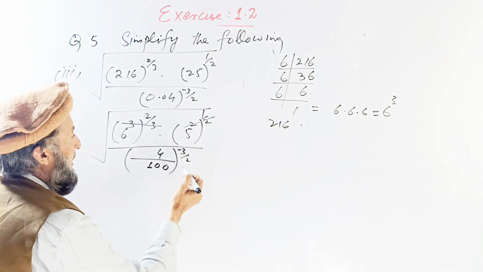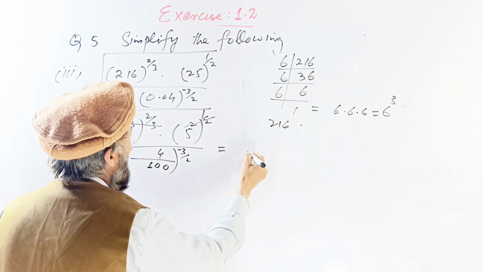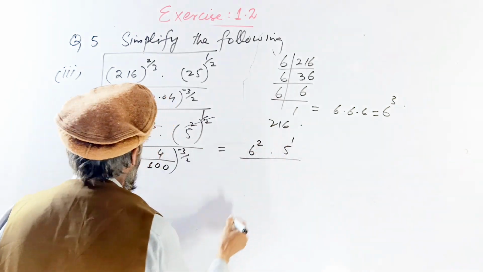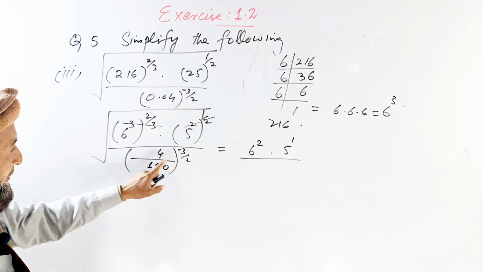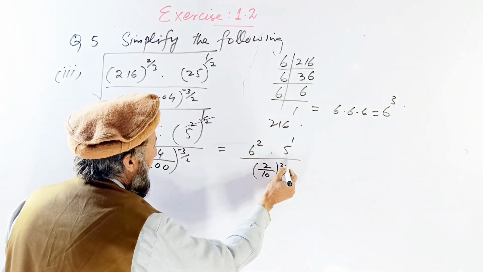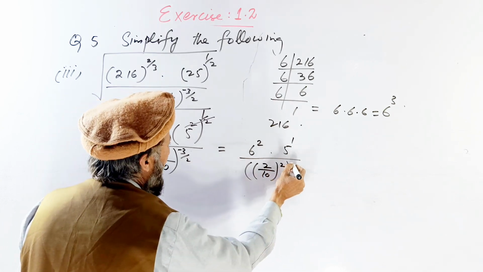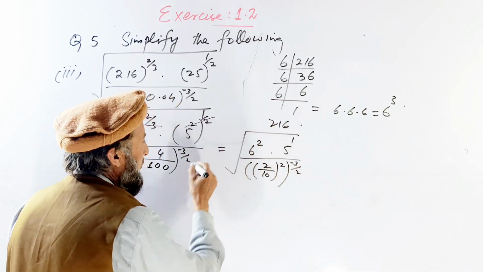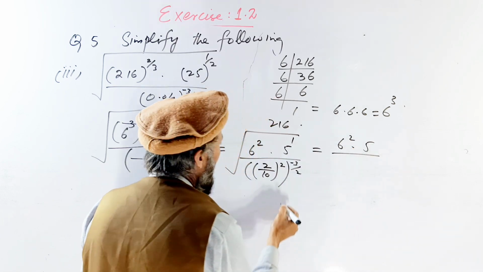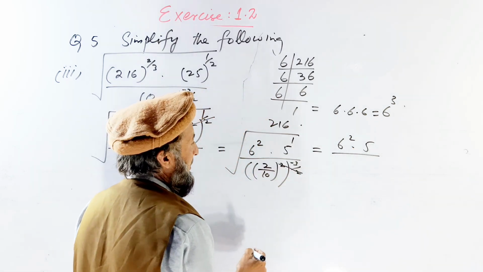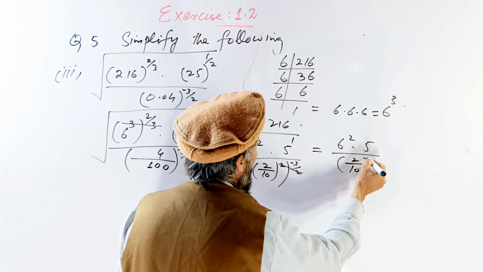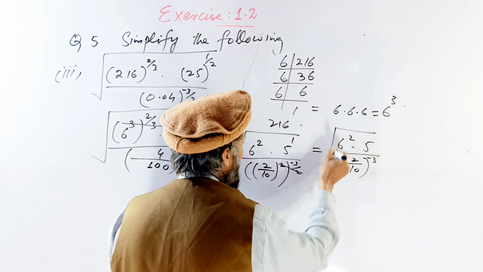But this is, we can write here the same method using 6 square into 5 power 1 divided by, it means that from the denominator we can write 2 divided by 10 square and whole minus 3 divided by 2 square root is equal to 6 square into 5 divided by, this 2 is cancelled to each other. That means that 2 divided by 10 whole power is, we get here minus 3 square root.